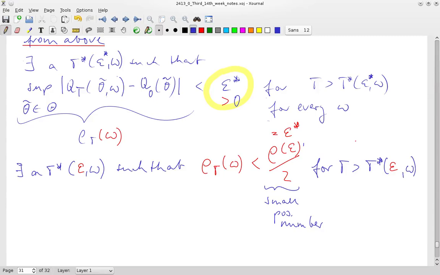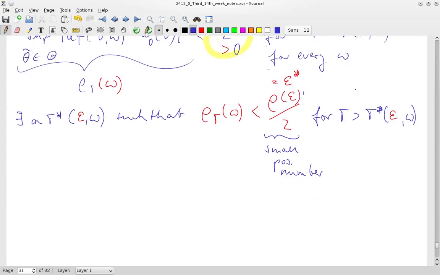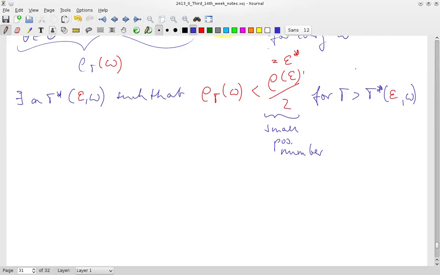So just a rewriting essentially of the definition of almost true convergence uniformly, but with the intelligent choice of epsilon star, which is then associated with the difference of my pick of the parameter value theta tilde, and the maximum difference that I allow for this theta tilde compared to the true parameter value theta. Did nothing basically new or innovative, just an intelligent pick of epsilon star.